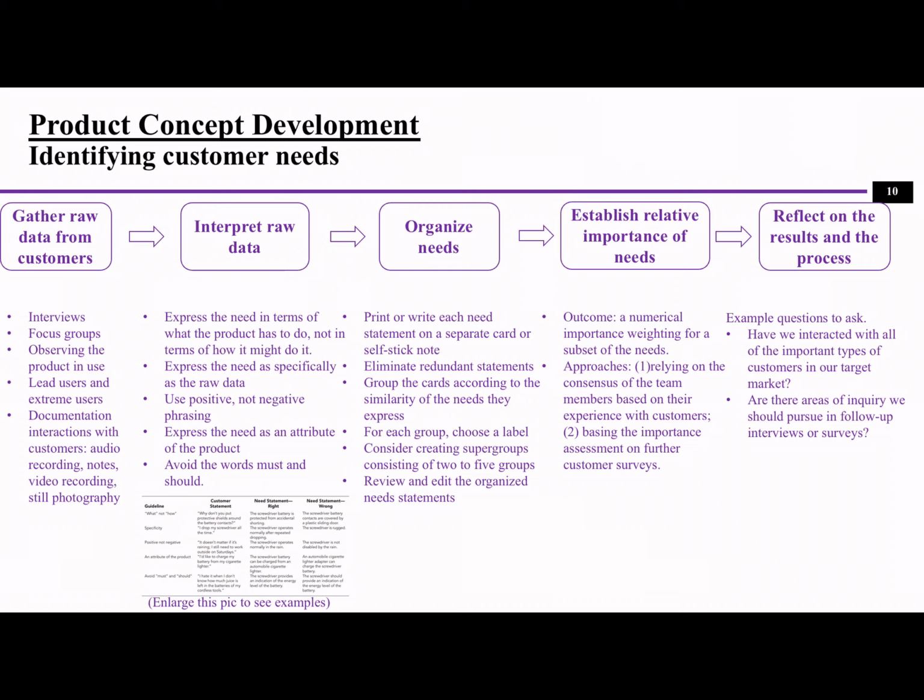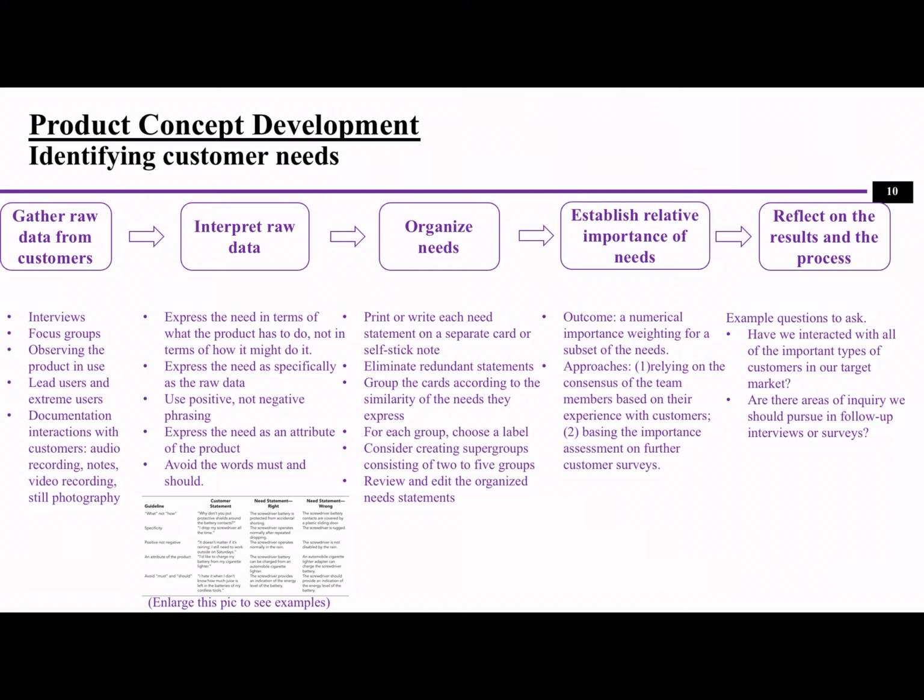And then next, after you interpret the raw data, we'll come to organize the needs, right? When I organize the data, I write down what are the common needs from the customers. Sometimes several requirements or several customers' comments can be integrated, or combined into one need for the product.